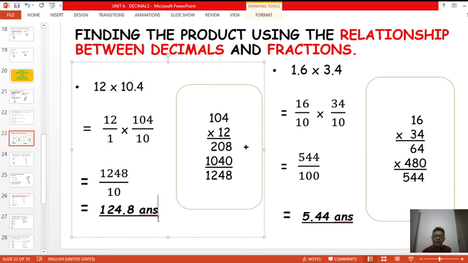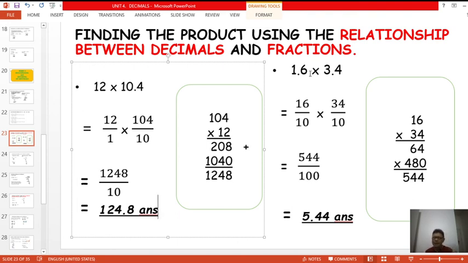Okay, one more example here before we end this topic. We have 1.6 times 3.4. Again, we are using the relationship between decimals and fractions. So how are you gonna convert this into a fraction?